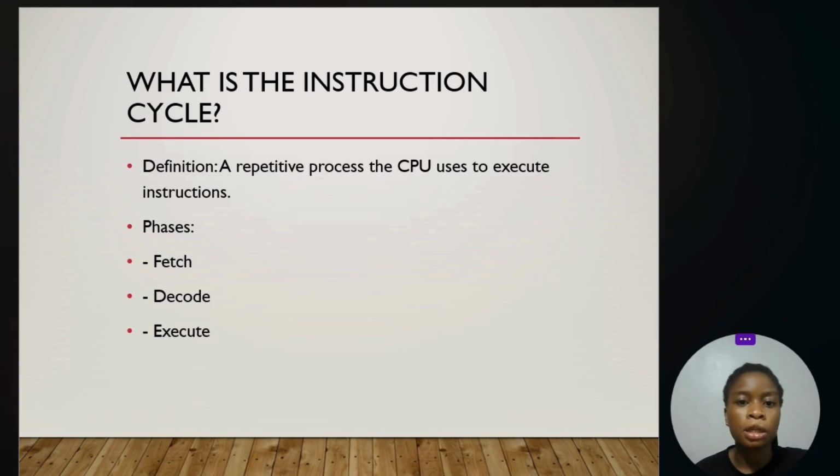Our next topic is the instruction cycle. The instruction cycle is a recurring process that the CPU uses to execute instructions. Here are some phases that the instruction cycle goes through: fetching, decoding, and execution.